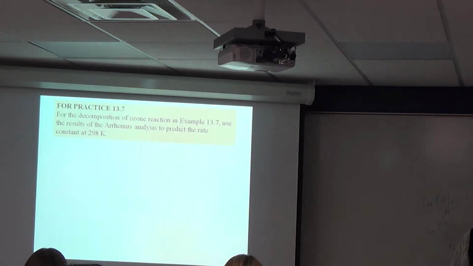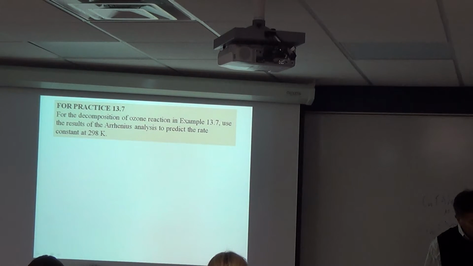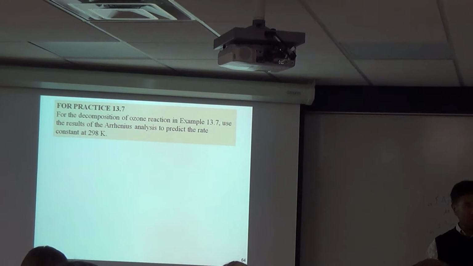Now, very similar, we have a few questions. If we have that last equation, the decomposition of that, use the results of that Arrhenius analysis, predicting the rate constant at 298. There are a couple of ways to do that. We probably go back to that equation and see what our slope and intercept are standing for.